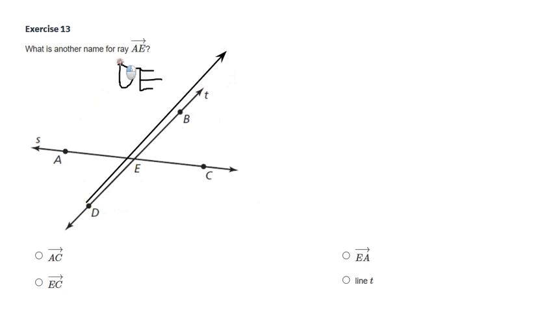The first letter has to be D, but the second would be anything else that goes through. Now notice I didn't say DT, because this little t right here, see how it's lowercase?